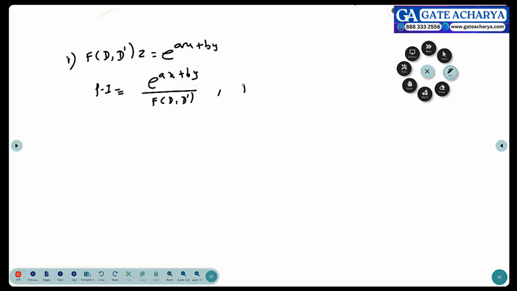In this case, d is equal to a and d dash is equal to b. எக்ஸ்பொனென்ஷியல் ஃபார்ம்ல கேட்டாங்கன்னா d ஒரு இடத்துல a யும் d dash ஒரு இடத்துல b யும் சப்ஸ்டிட்யூட் பண்ணுவோம். அவ்வளவுதான்.